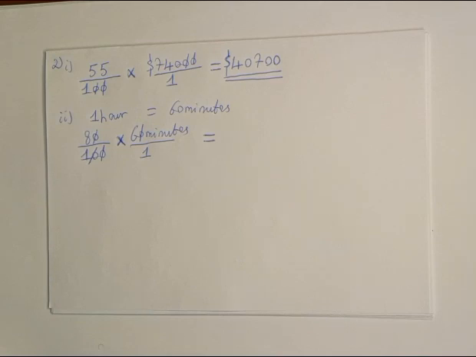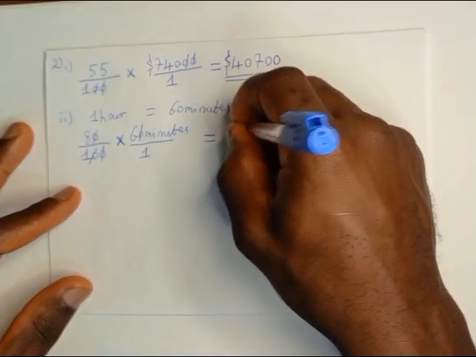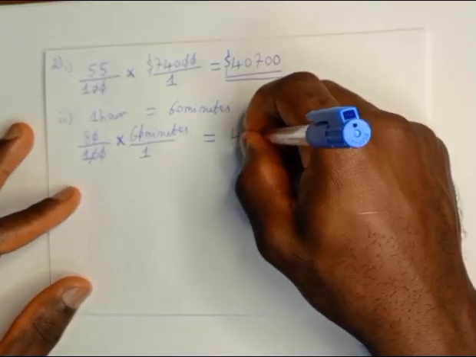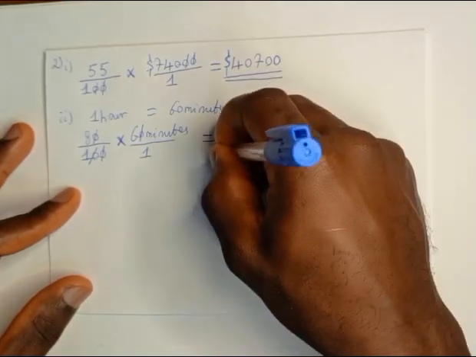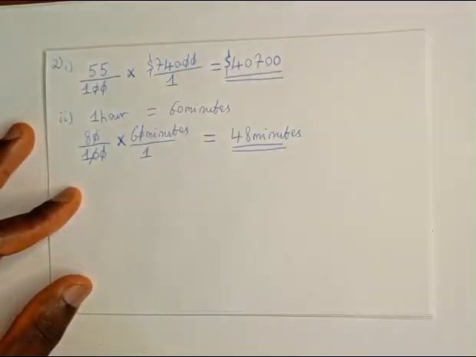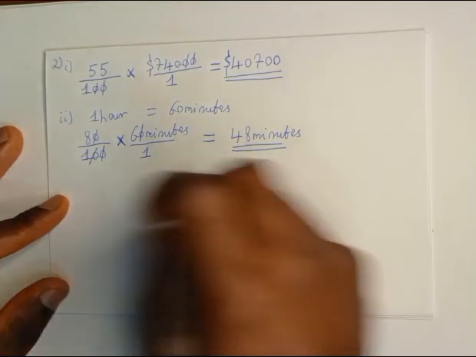We'll simply be left with 8 times 6, which is simply equal to 48 minutes. Therefore, 80% of 1 hour is 48 minutes.